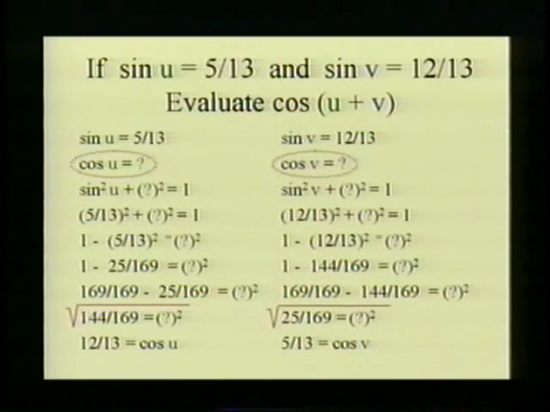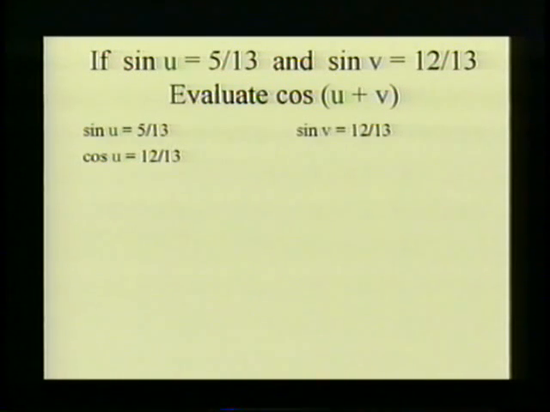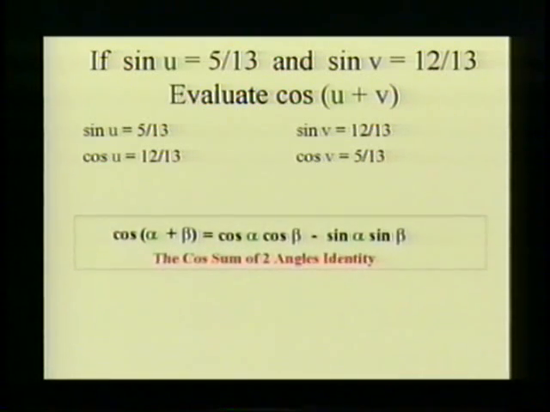Okay? Now I know the sine of u is 5/13, the cosine of u is 12/13, the sine of v is 12/13, and the cosine of v is 5/13. So I know them all, and I'm ready to rock using the theorem. The cosine of the two added up, using my theorem, all I have to do is substitute the numbers in the right place.